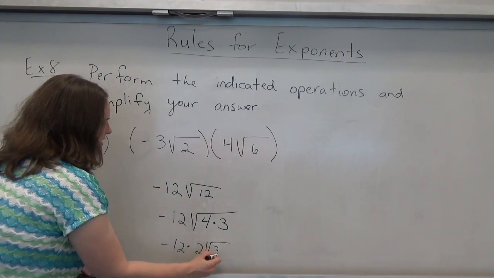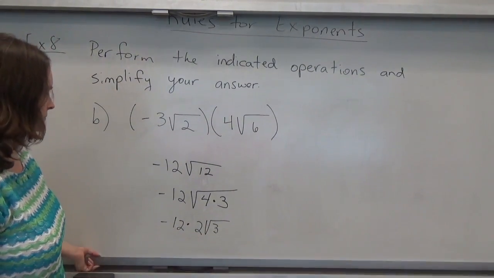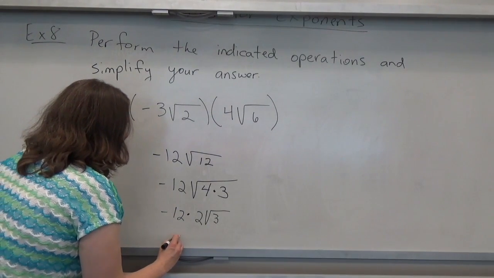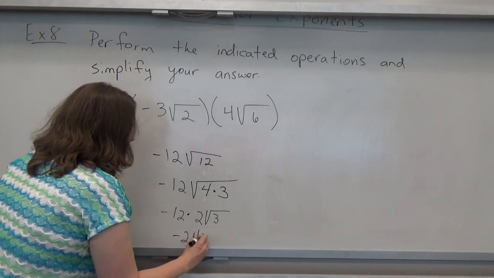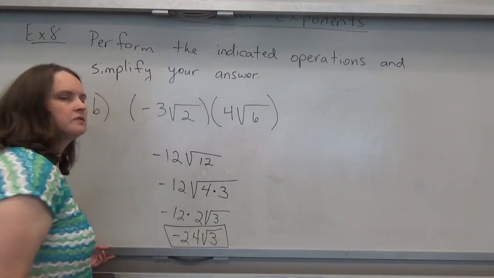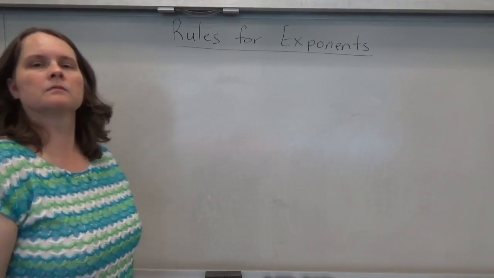And then the 3 has to stay inside the square root because it is not a perfect square. So we end up with an answer of negative 24 times the square root of 3. And that's as far as we can go with that one.